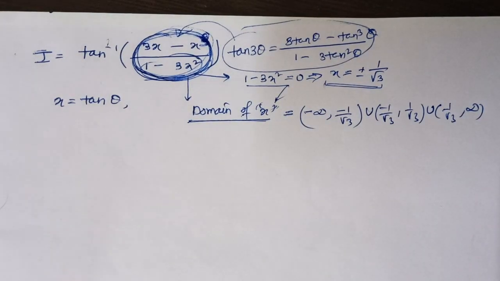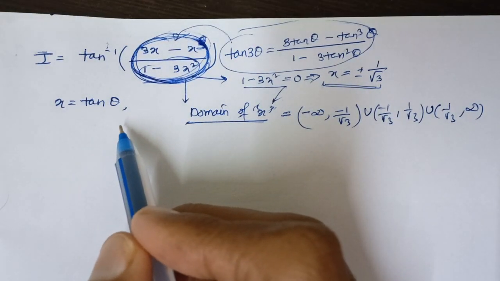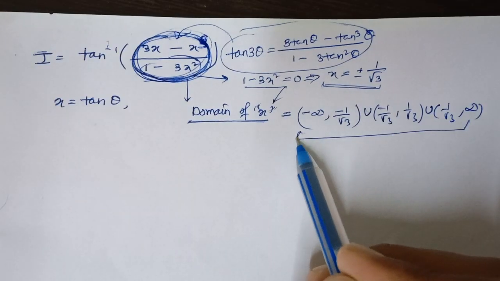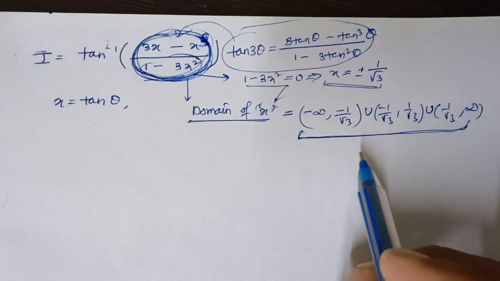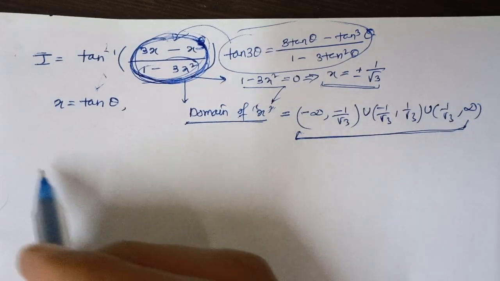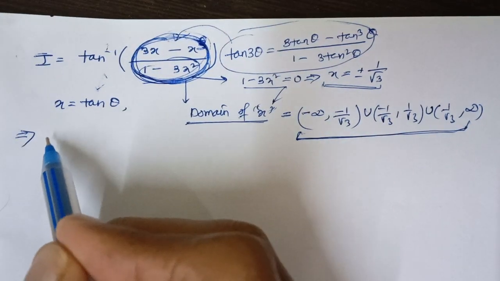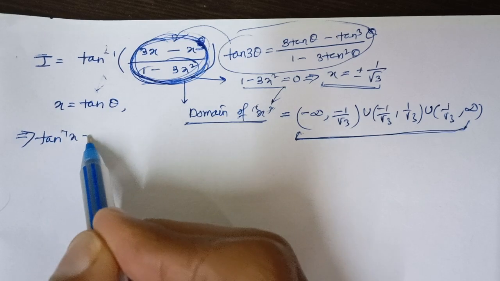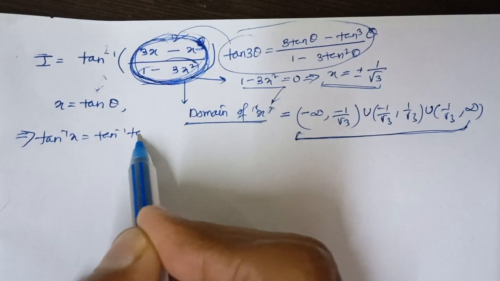Now I am going to choose my theta so that these values of x which I can put are all accessible using the substitution. In the next step I would like to do something like this: tan inverse x is equal to tan inverse of tan theta.